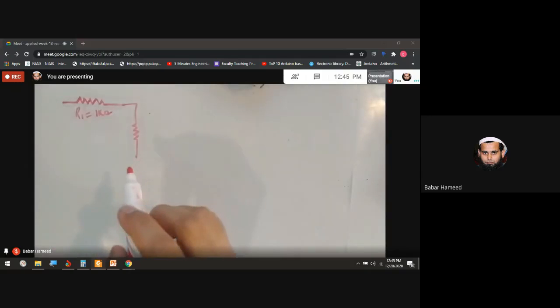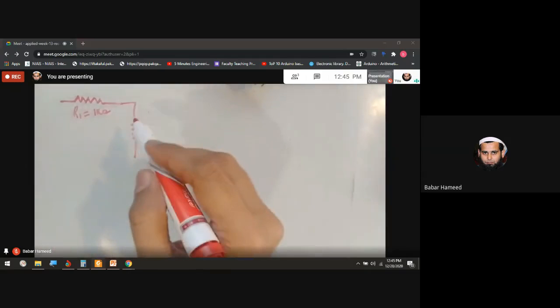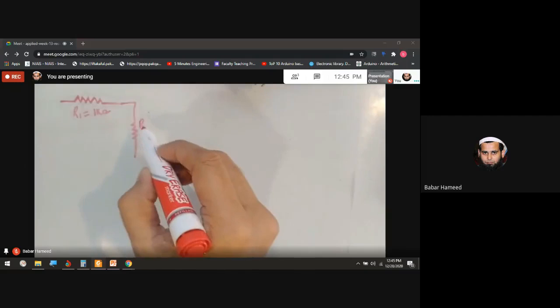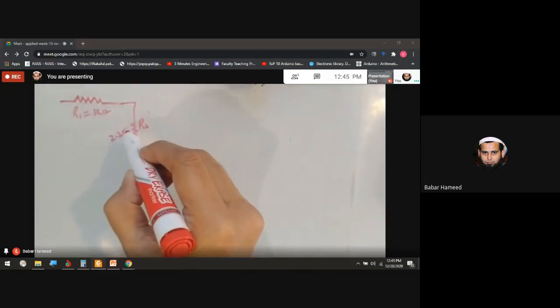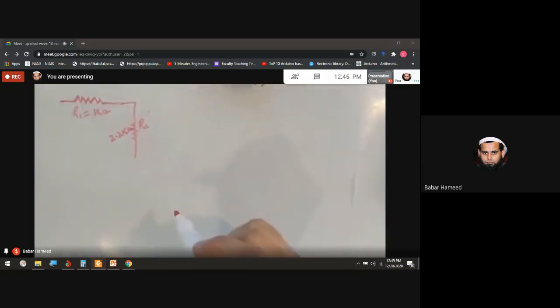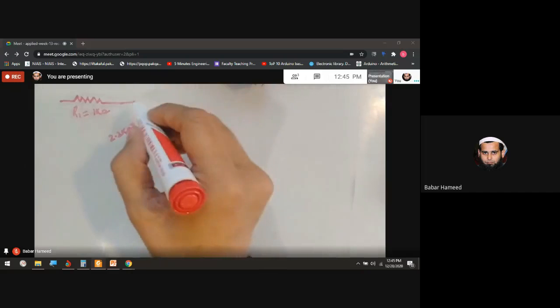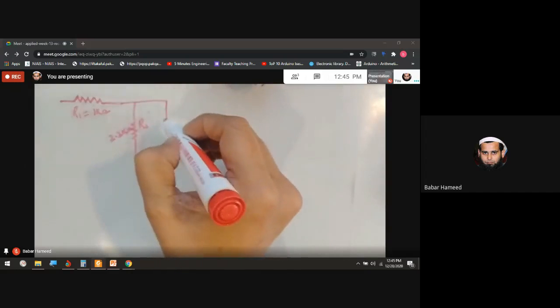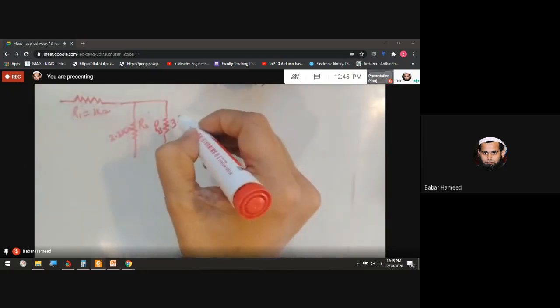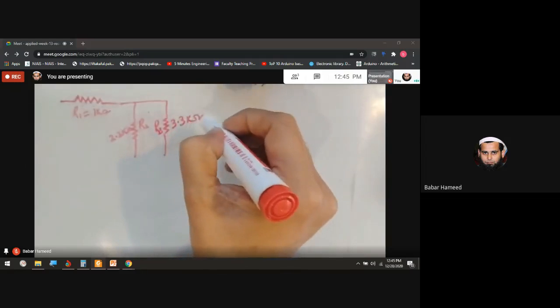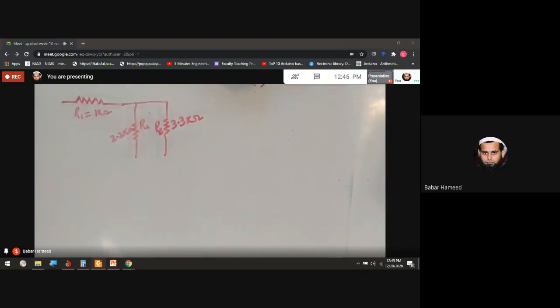Okay. And R2 here is 2.2 kilo ohm. And R3 here is 3.3 kilo ohm.